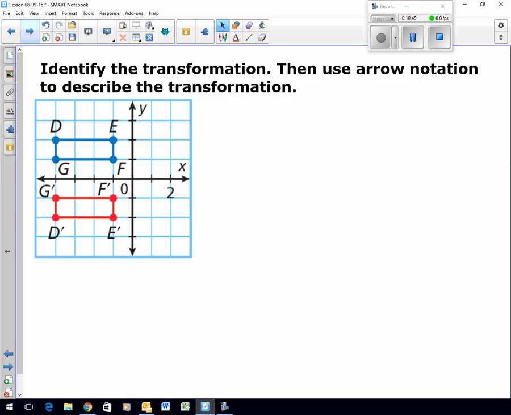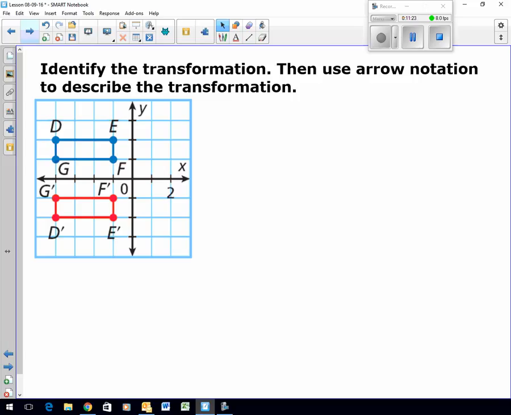All right. How many people got translation here? Okay. What else did you get other than translation? Reflection. Got it. We go from DEFG, we reflect over what axis? X-axis. Very good. We reflected over the X-axis. And that is a flip or a reflection.